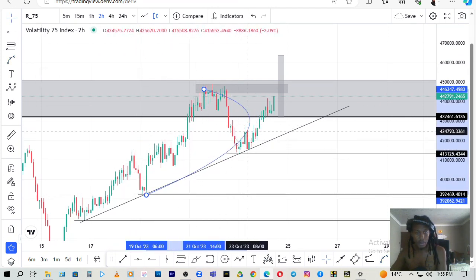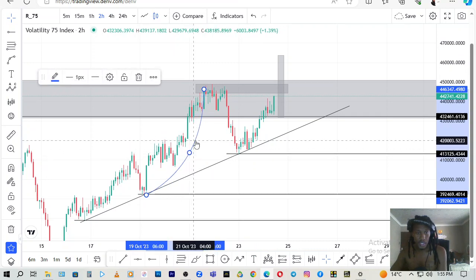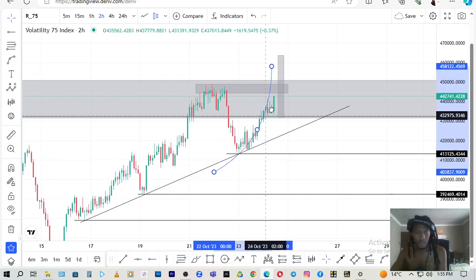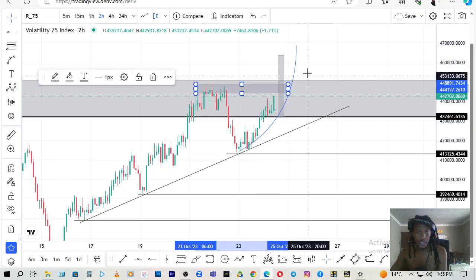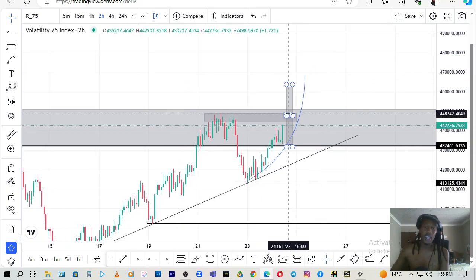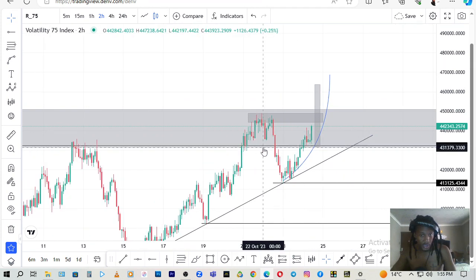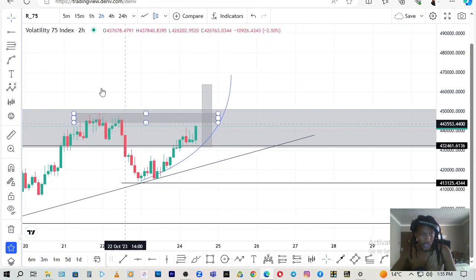So this impulse probably has to give us the same impulse over here. So we might be at the end of the consolidation phase at the moment. So yeah guys, for now I don't see any opportunity.